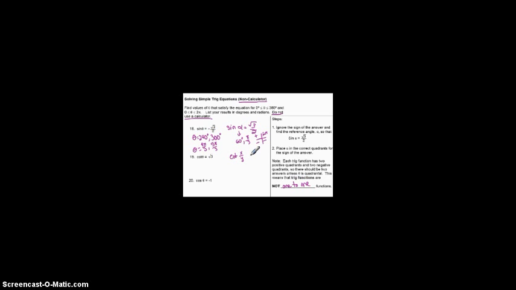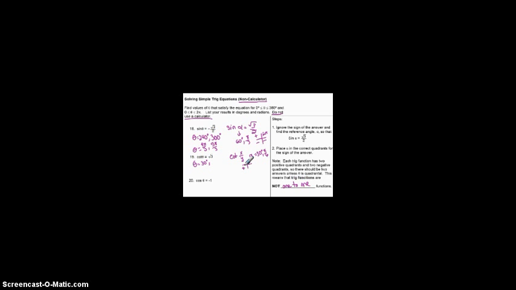So to get square root of 3, that would be where our reference angle would be 30 degrees, which is also pi over 6. Now cotangent is positive in the first and the third quadrants.